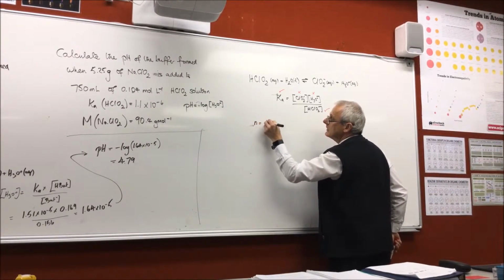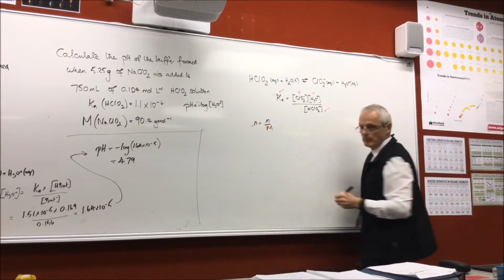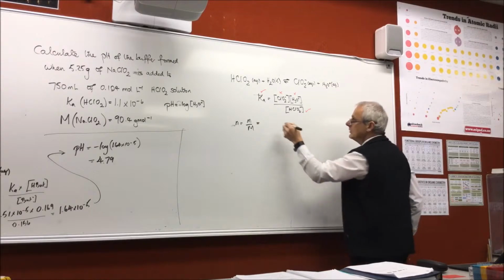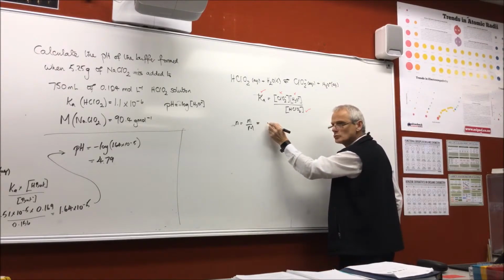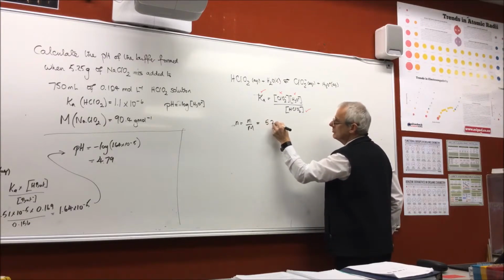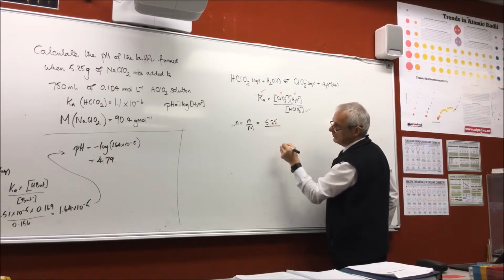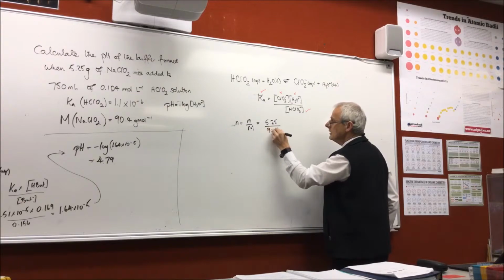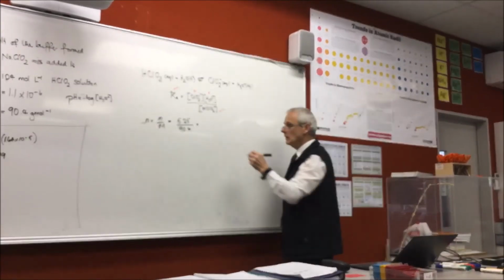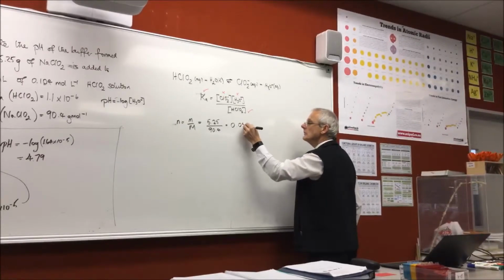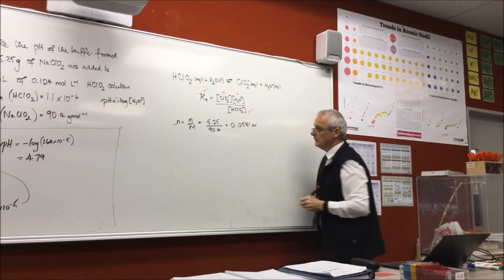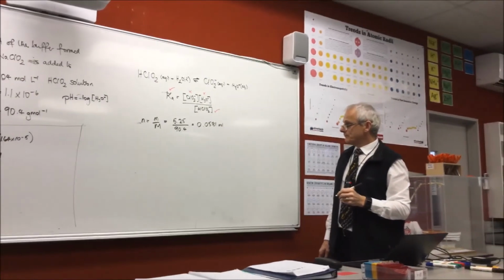So n is little m over big M. Our little m is the mass of sodium chlorite, I think it is. 5.25 divided by 90.4. So we can calculate that. 0.0581 mole. Right.